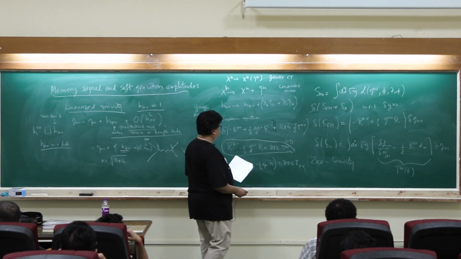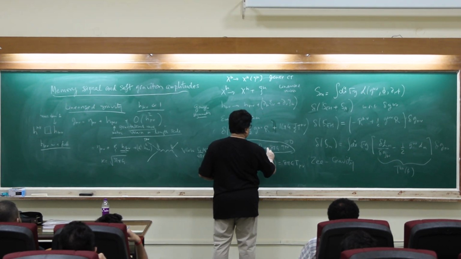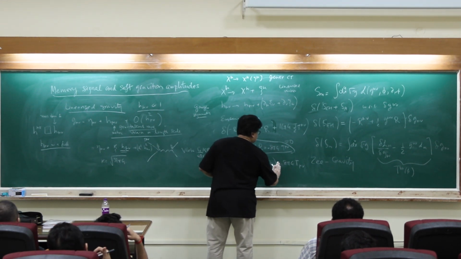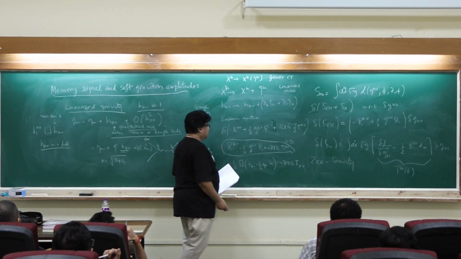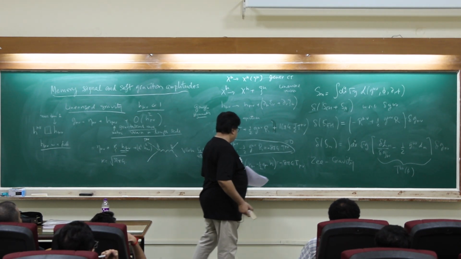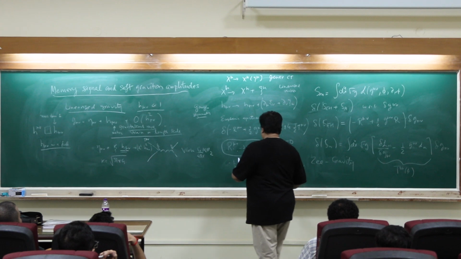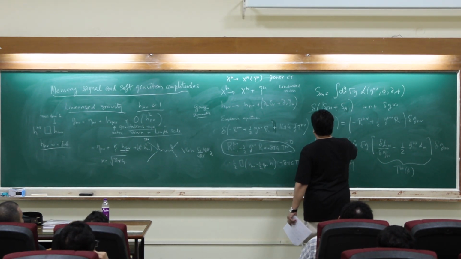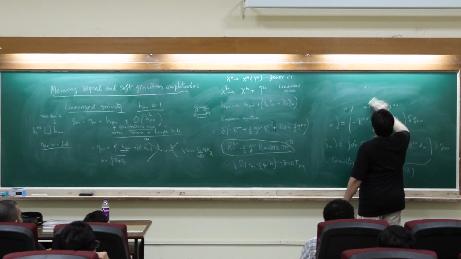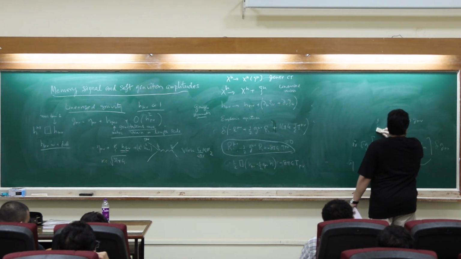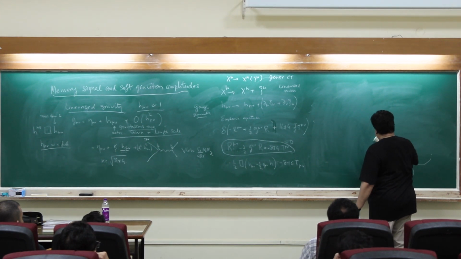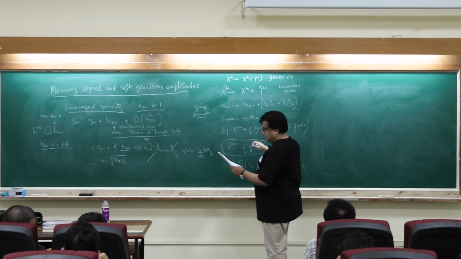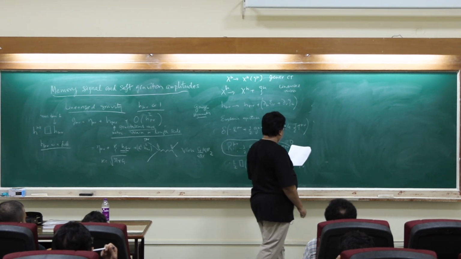I think when it went to the other side, this should have been a minus. Okay. And in going from here to here, I have chosen a, so I've used this freedom to redefine my h mu nu by choosing a gauge.